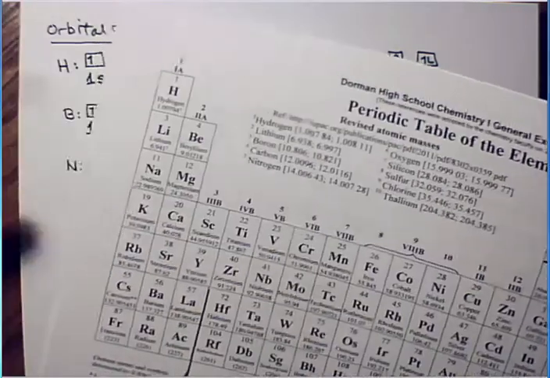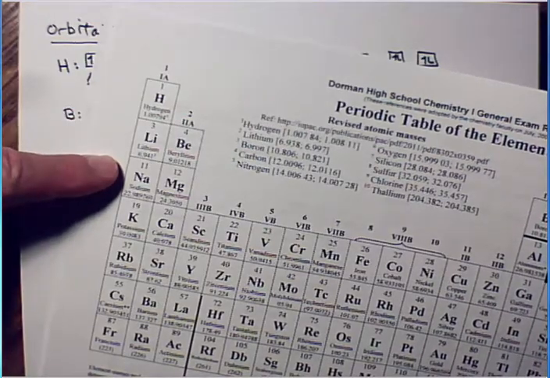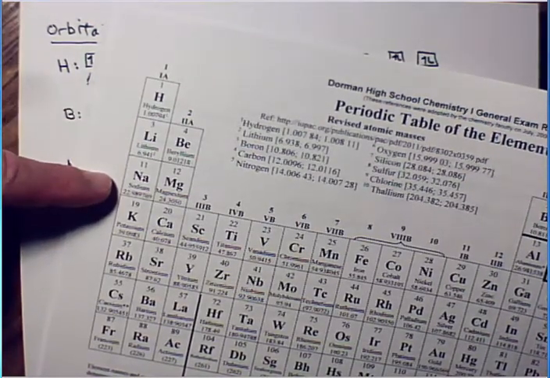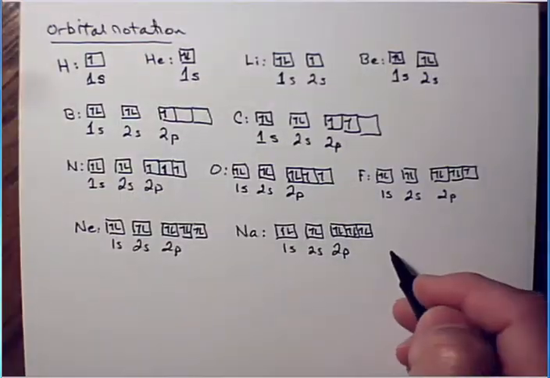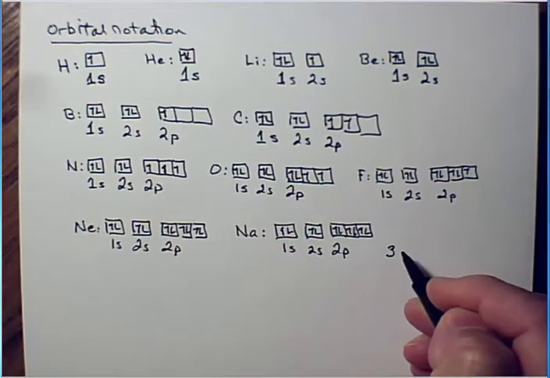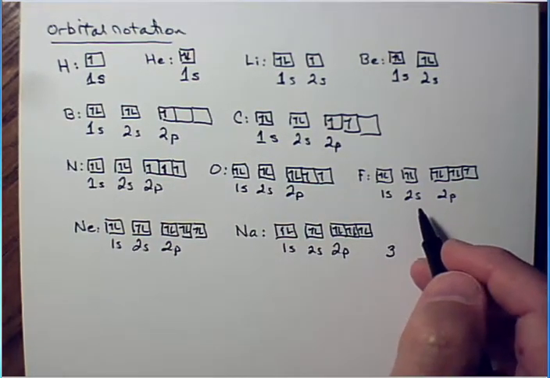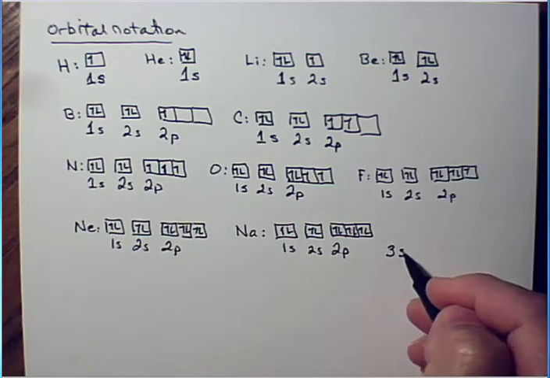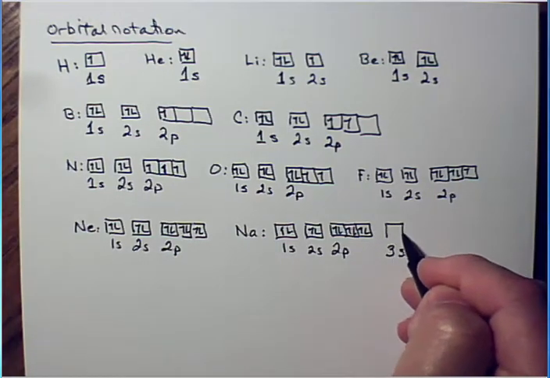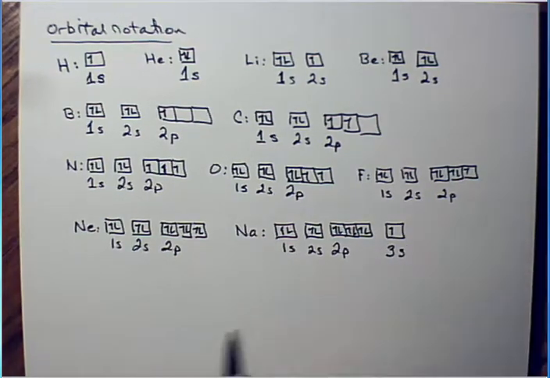And we're in a new row of the periodic table called a period. So this is going to be 1, 2, 3, the third period. And what sublevel are we in over there? S. And there's only one orbital in an S sublevel, and we only need one more electron. So how'd you do? It's not so bad, is it?